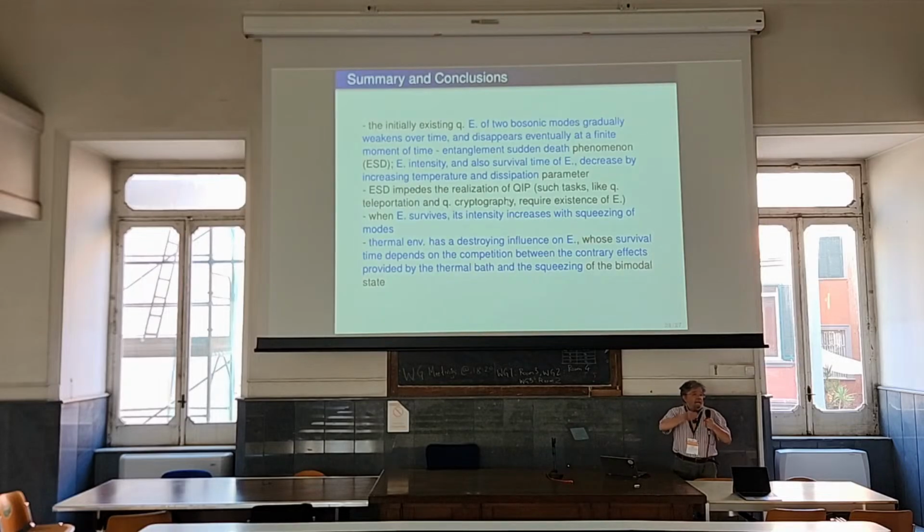So the general feature of this model is that there is a strong competition between several parameters characterizing the system, namely the parameter of squeezing of the initial state, the parameters describing the thermal environment, dissipation and temperature, and the parameters describing the de Sitter space, namely curvature and mass parameter.